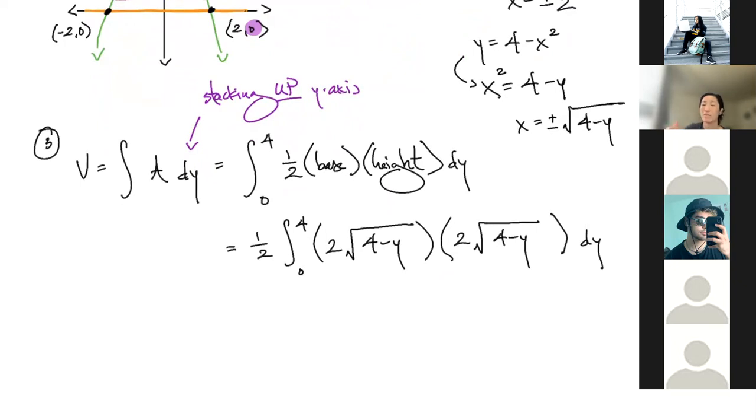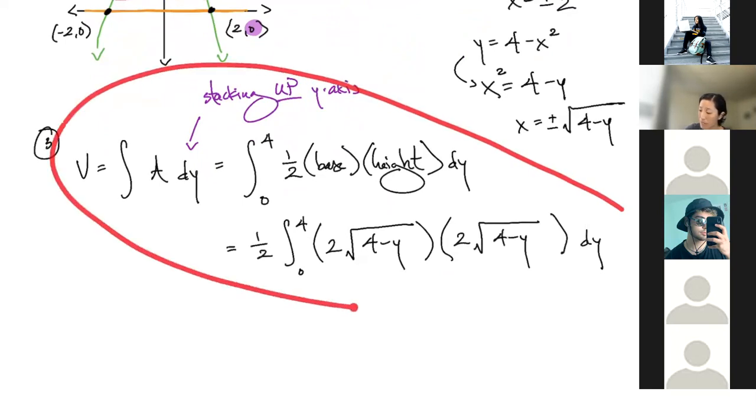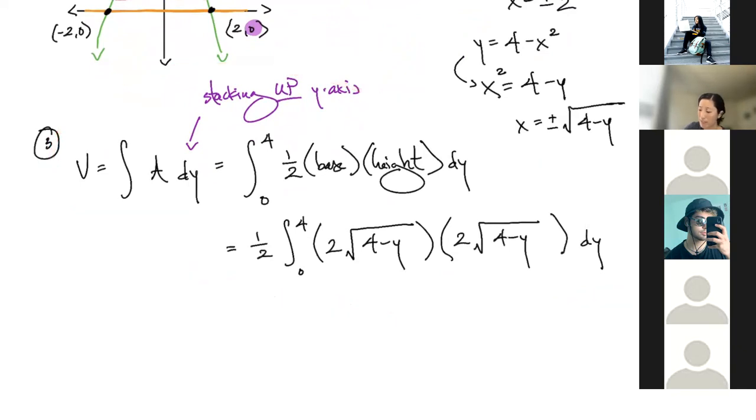Okay, but as you are studying this material, this piece right here, that setup, is the most important part. So if we clean this up a little bit, we might notice that this 1/2 and that 2 reduce. I'm going to take this 2 and bump it out to the front. So I have 2 times the integral from 0 to 4.